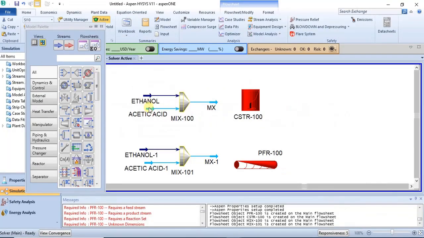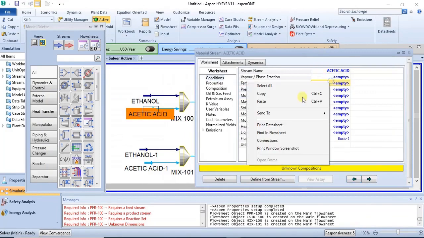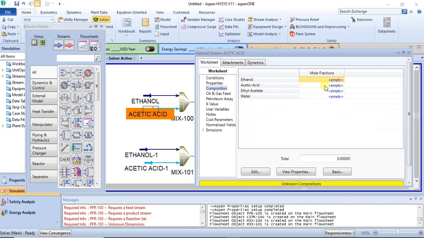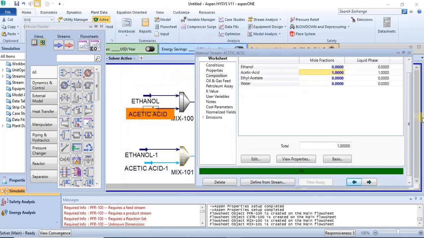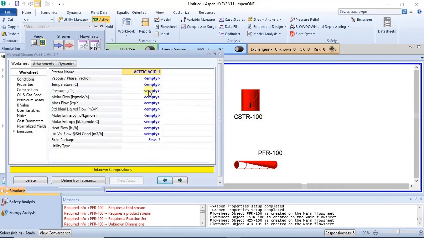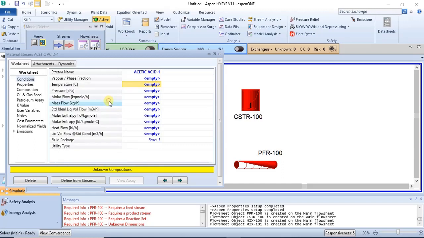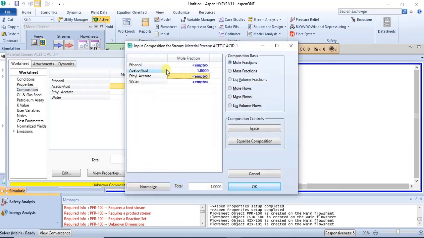So I can also do the same, right? I can copy and paste. So I just paste here, then specify composition of acetic as 1. Enter. Same procedure here. Paste. Enter.